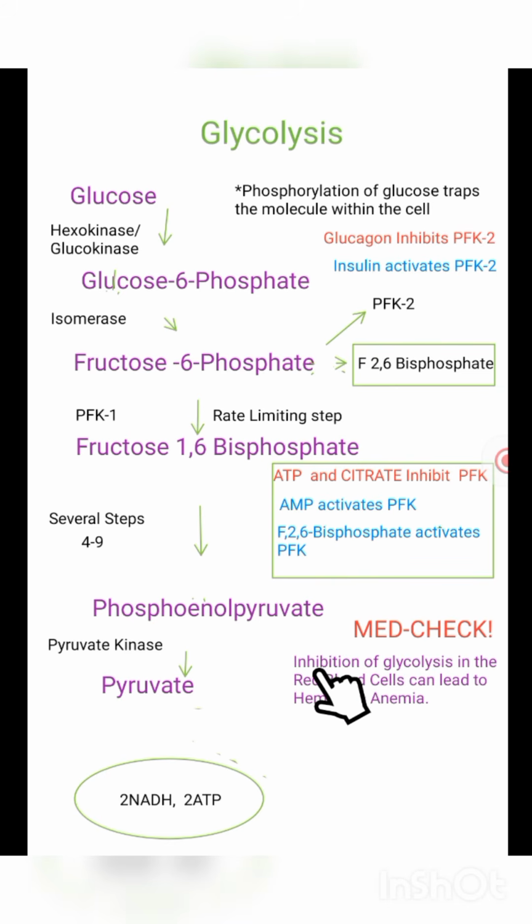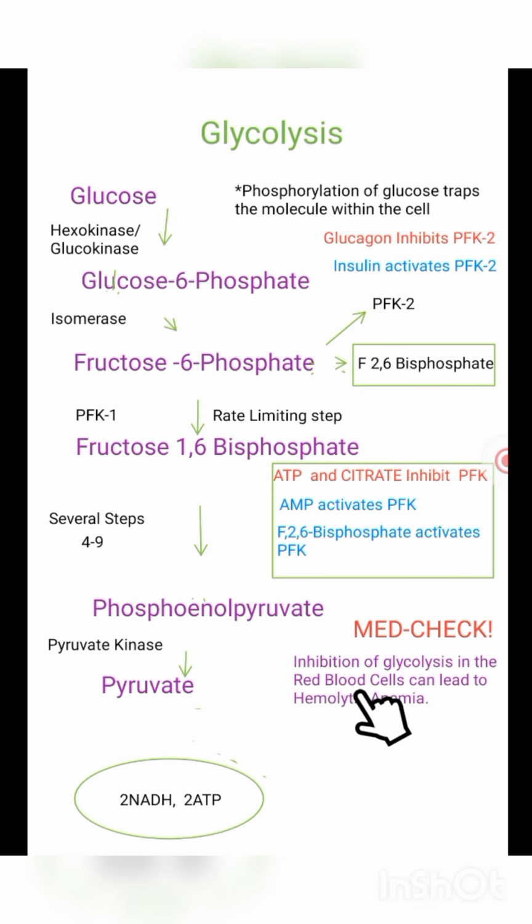The other thing that I would want to mention before I conclude is the medical application. We have so many medical applications of glycolysis, but this is actually what matters most. How do you apply glycolysis in the field of medicine? For instance, the aspect of inhibition. If you inhibit PFK1 in your red blood cells, you expect glycolysis to be shut down or halted.